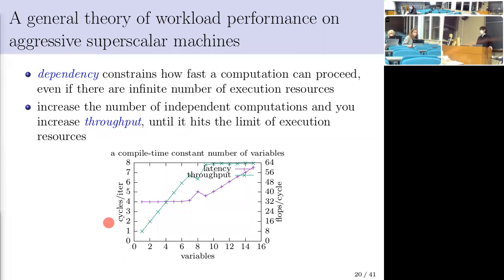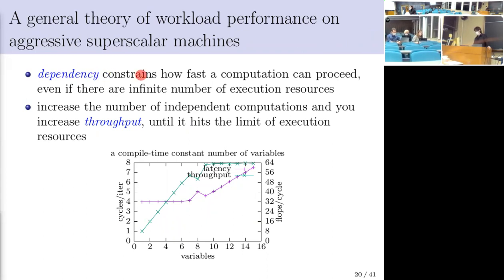Generally speaking, this is the way you understand the performance of a particular workload. So first of all, dependency. You impose it in your program, right? You do some calculation and the result is taken by another calculation. This way you can make many dependencies between computations.